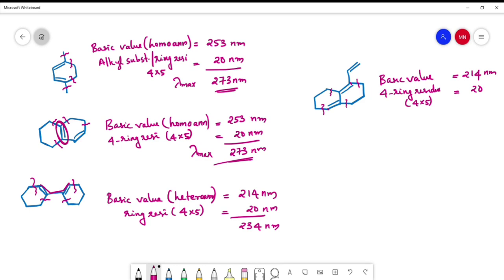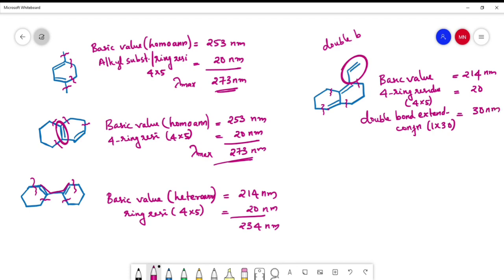Why? Because this double bond is in conjugation with this one. So this part will be contributing in the category double bond extending conjugation. So I will write over here double bond extending conjugation. You know that will be contributing 30 nanometer each. There is one such thing.